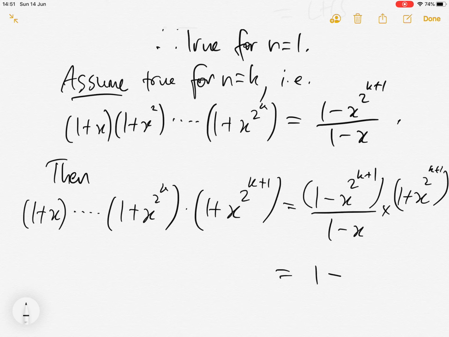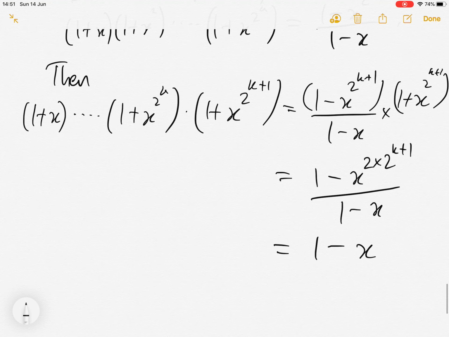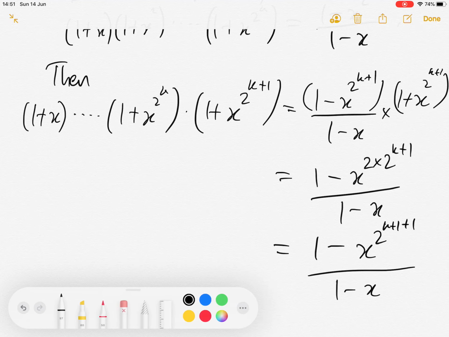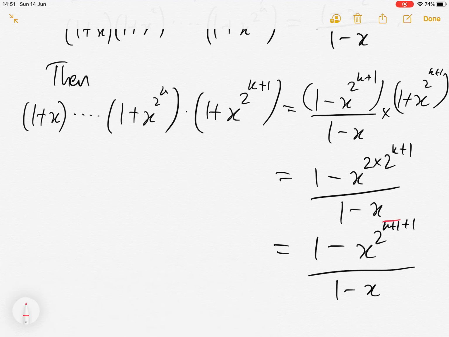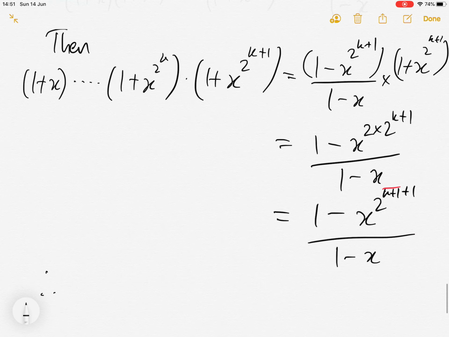We're going to get 1 minus x to the 2 lots of 2 to the k plus 1 over 1 minus x, which is exactly the same as 1 minus x to the 2 to the k plus 1 over 1 minus x. And this is exactly what we wanted. So now we can say we're done. Conclusion.